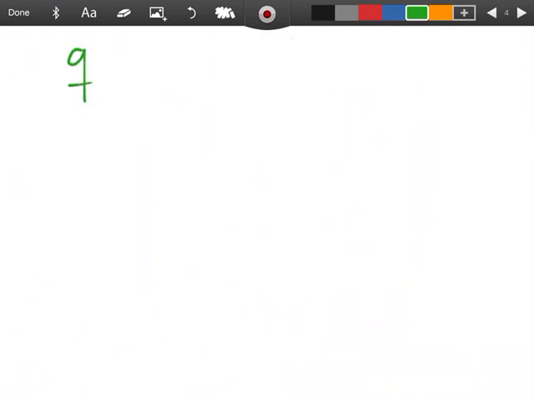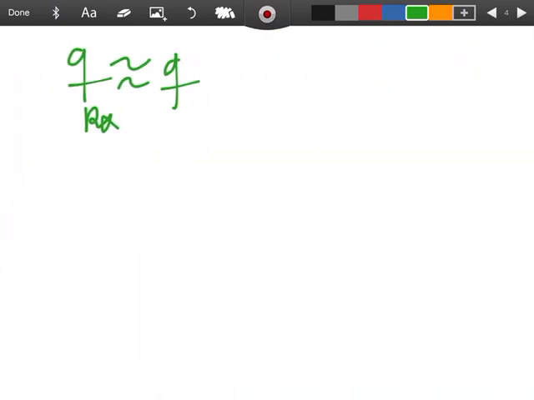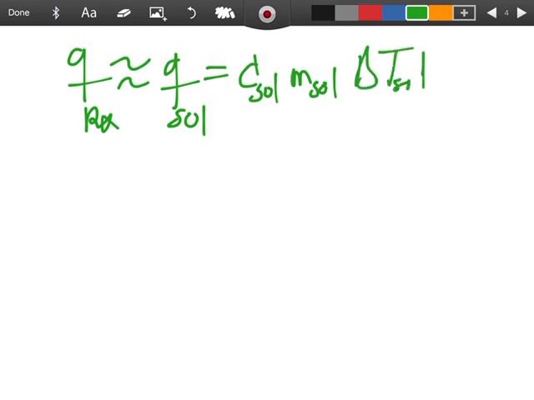So I know that the Q of the reaction is mostly going to be the same as the Q of the solution, and this is going to be the same as the specific heat of the solution times the mass of the solution times the change of temperature of the solution.